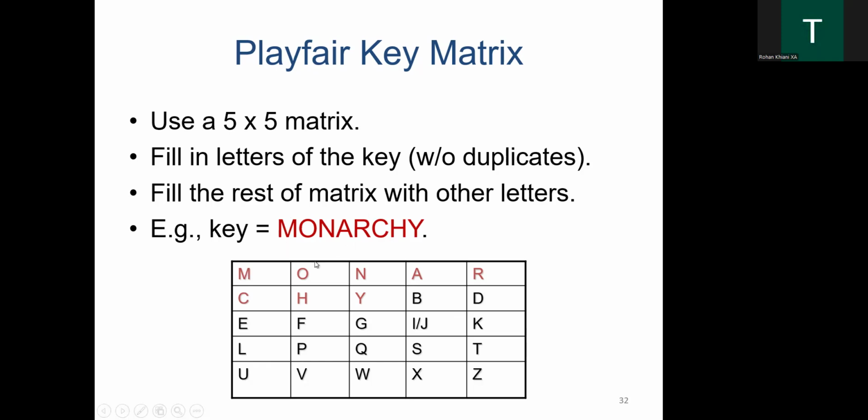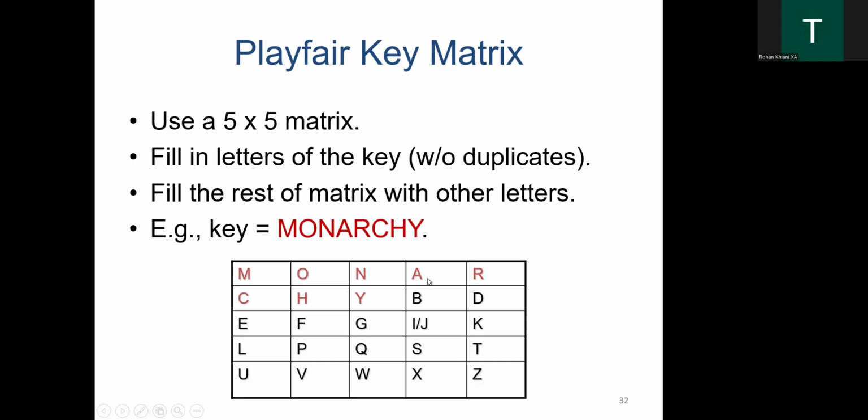So for example, suppose we have the key as monarchy. What we have to write in the initial first two rows is the letters in monarchy. You can see they are in the red color. After that, this grid is to be filled by the letters which are not there in this key.